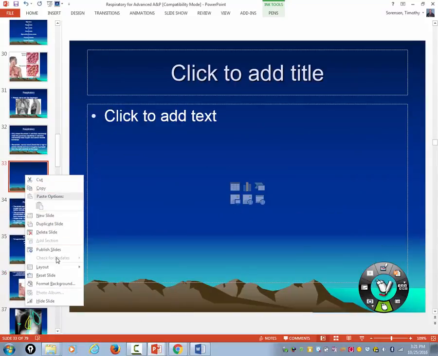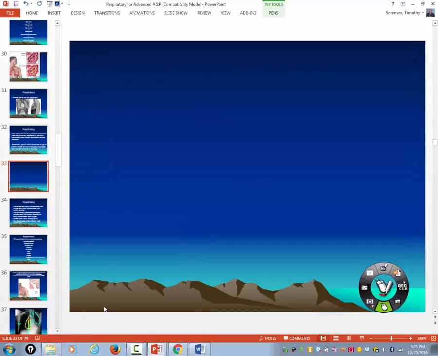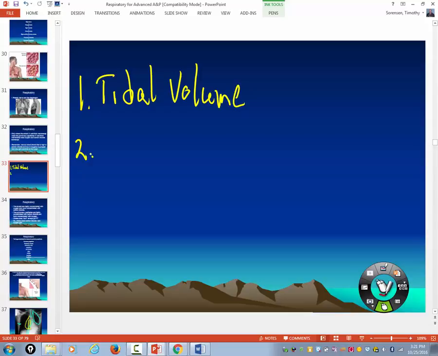Okay, these are some of the terms that you're going to have to become familiar with. All right? So make sure that you understand these terms. These are terms that are used in respiratory therapy, and it's important that you understand them. So what I'll do is I'll give you time in class to look them up. Okay? Because they're pretty straightforward.